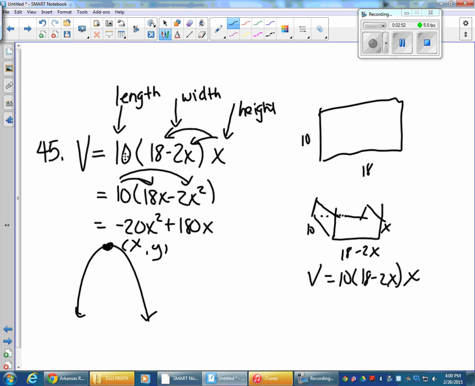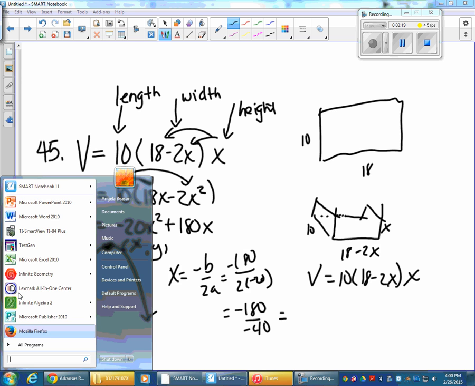So if volume equals length times width times height, and I distribute that, I find out the equation that represents this is negative 20x squared plus 180x. So to find that maximum height, I get x equals negative b over 2a. So that's negative 180 over 2 times negative 20, which is negative 180 over negative 40. And I'm going to get a calculator to help me with this because I'm going to have to plug it in here in a second.